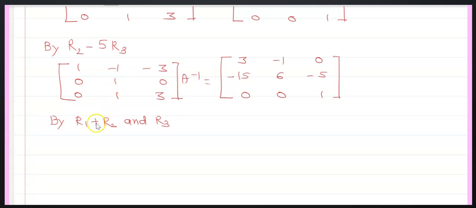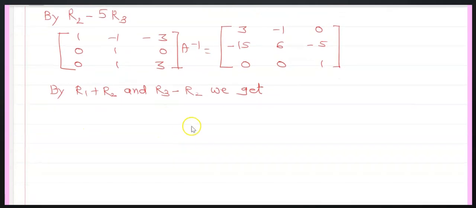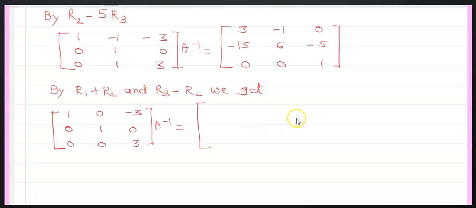R1 plus R2 and R3 minus R2. A inverse, minus 15, 6, minus 5, which is not changing. This is R1, minus 12, 5, minus 5, 15, minus 6, 6.